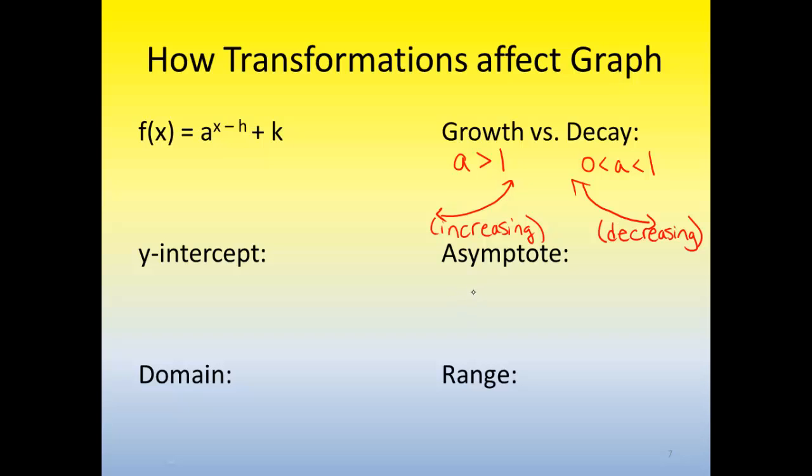Okay, the asymptote of all these exponential functions is going to be the k value. The range is going to be k to infinity, unless there's a flip. So it could be negative infinity to k if there's a reflection.